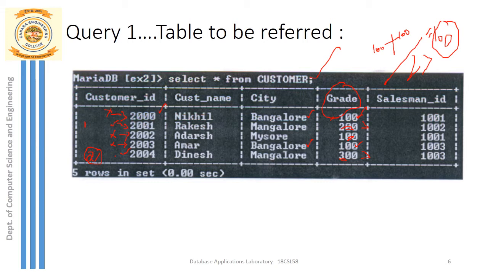I have only 2 customers who belong to Bangalore. Only these 2 rows should be extracted as part of the inner query, and in these 2 rows, check the corresponding grade value. The grades are 100 and 100, belonging to customers from Bangalore.